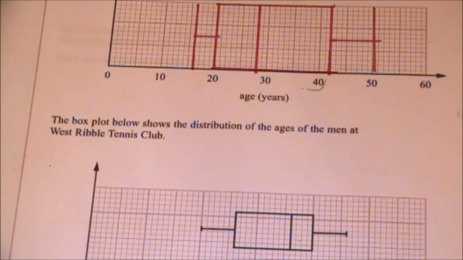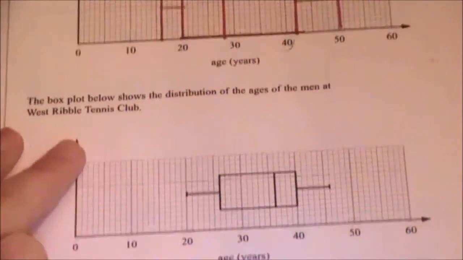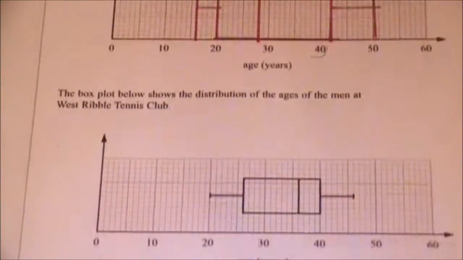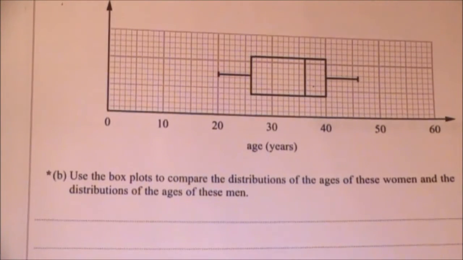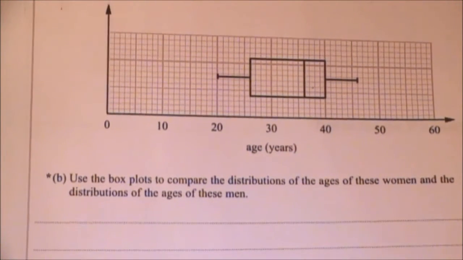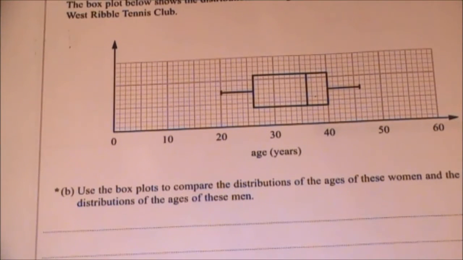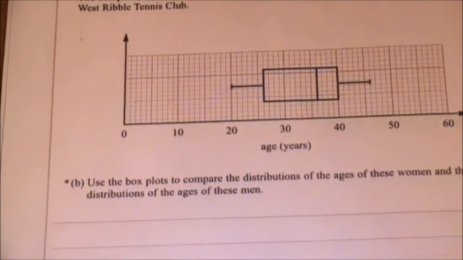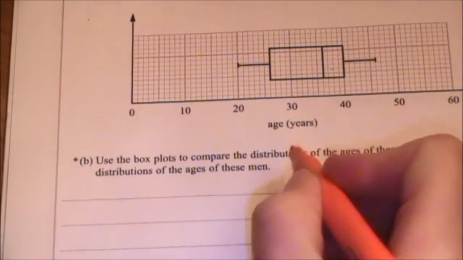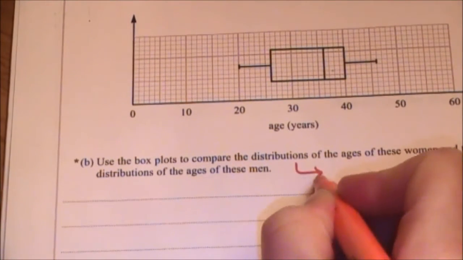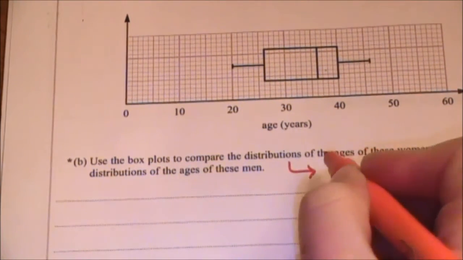Part B, the box plot shows the distribution of the ages of men at West Ribble Tennis Club. So that's men, the one we drew is for women. Use the box plots to compare the distribution of age of the women and the distribution of the ages of men. So whenever you need to compare distribution, you need to be looking at 2 very prominent things.